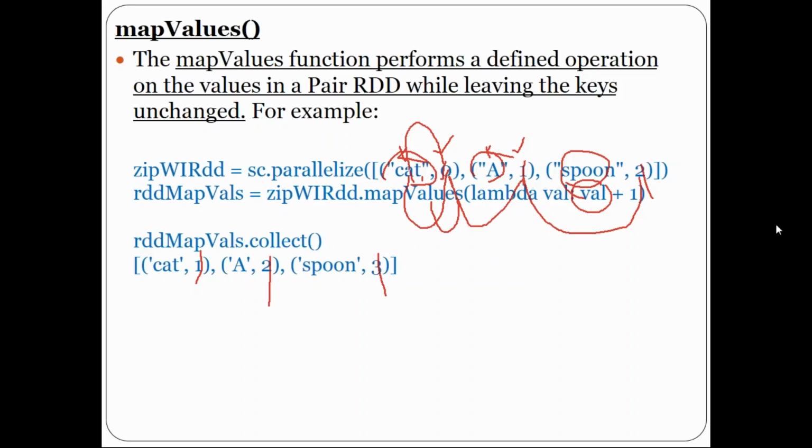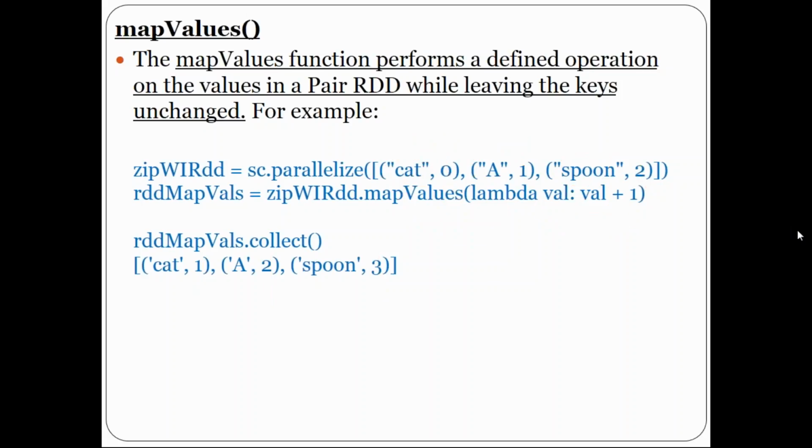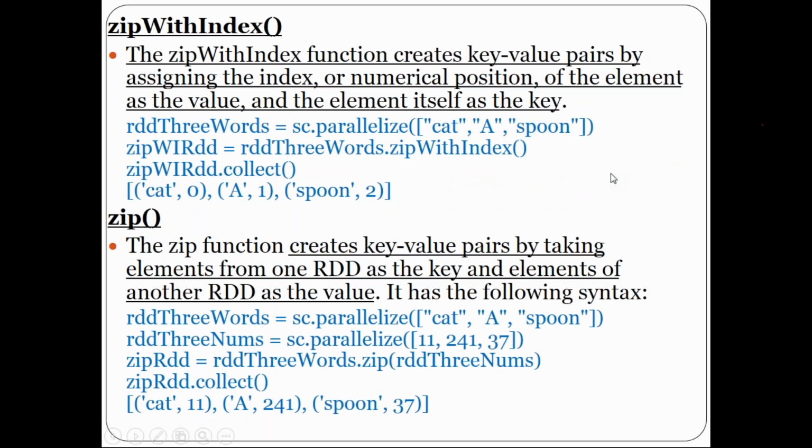I appreciate your commitment. Zip function will apply to only those RDDs, 1 minute. Zip function will apply only to those RDDs where data elements are same. Is that understanding correct? What do you mean by data elements are same? Is it data types, or is it structure of data you're talking about?